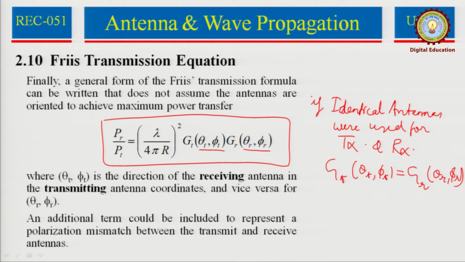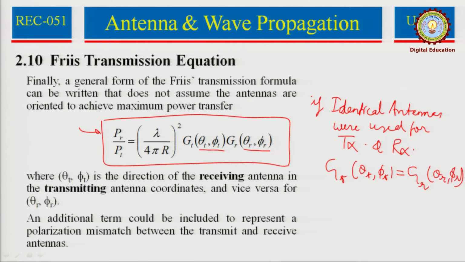Please remember this. If the same antenna is used on both sides, then the value of gain is also the same. Okay. Where theta t and phi t is the direction of the transmitting antenna and receiving antenna coordinates, vice versa.